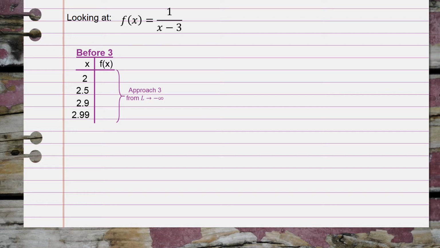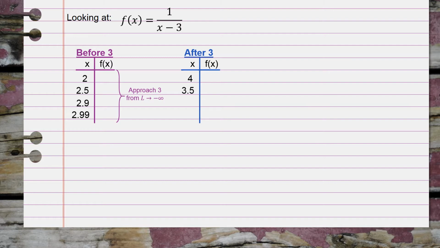Now, if you think of the number line, the furthest left is negative infinity. So negative infinity approaching its way to 3 from the left. Now, those are all the values before 3. Let's look at some values after 3. So we make a separate t-chart. The most common value after 3 is probably a 4. But are there any values between 3 and 4? Yes. So let's look at 3.5.